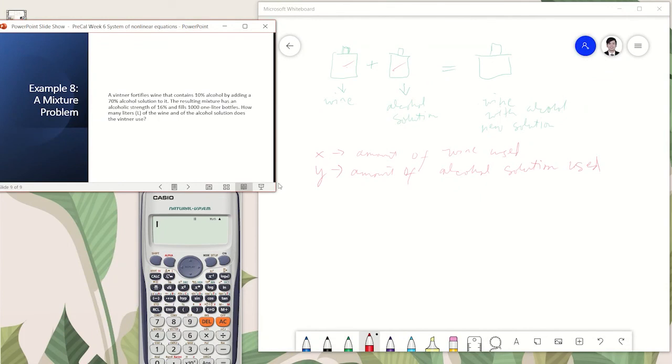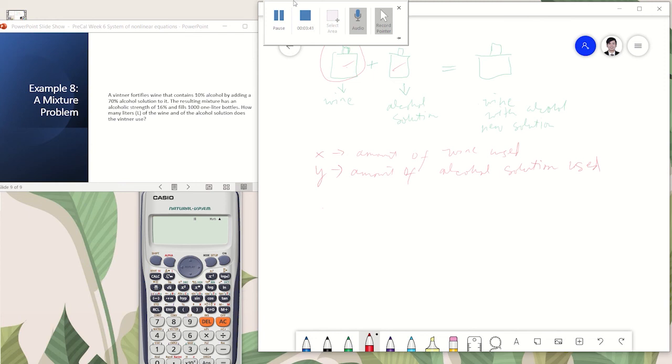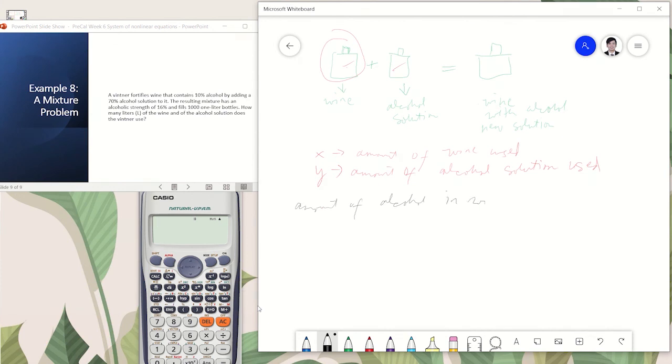So, in other words, based on that statement, we will be able to get the amount of alcohol in wine by simply multiplying the percent of alcohol, which is 10%, in decimal that would be 0.10, with the amount of wine you used.